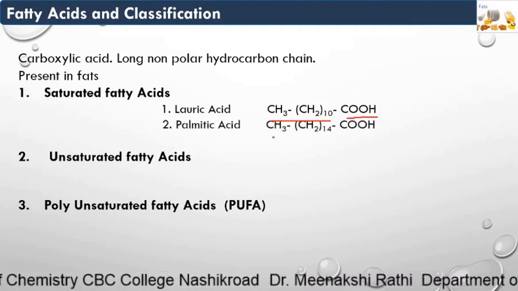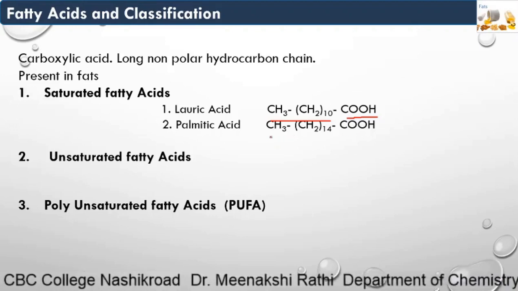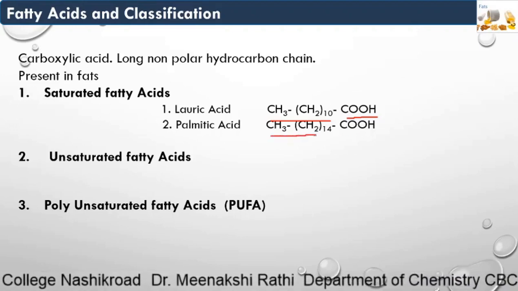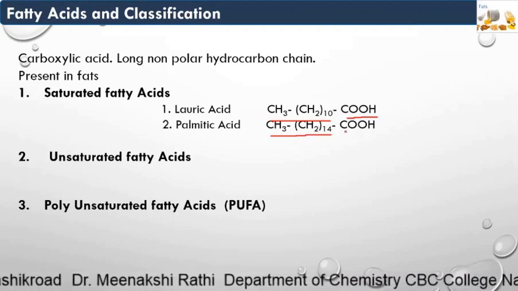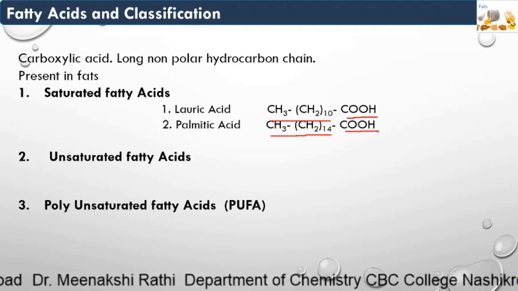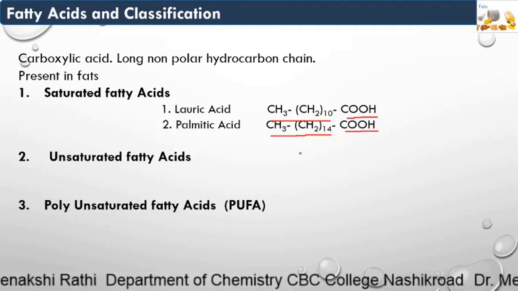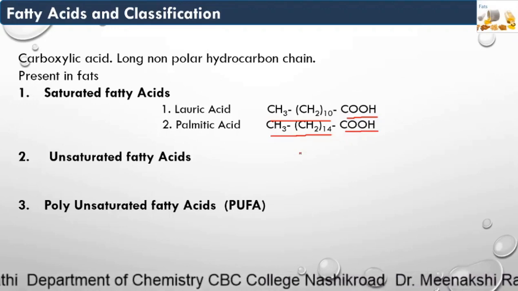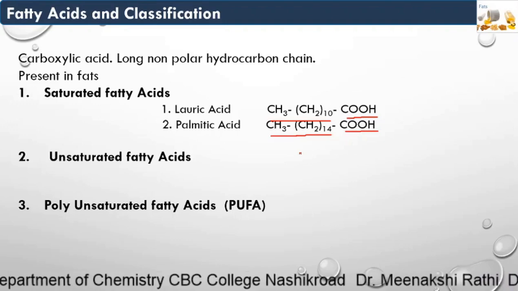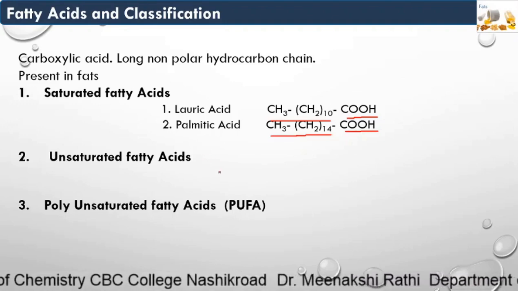Here palmitic acid is made up of a total of 16 carbon atoms. Out of these, 15 carbon atoms are present in a long hydrocarbon chain which is attached to the COOH group. So saturated fatty acids contain a long hydrocarbon chain in which all carbon bonds are single bonds. So these are called saturated fatty acids.